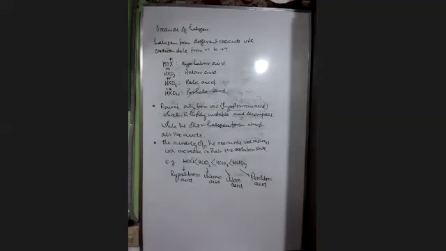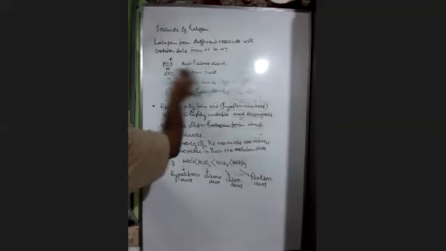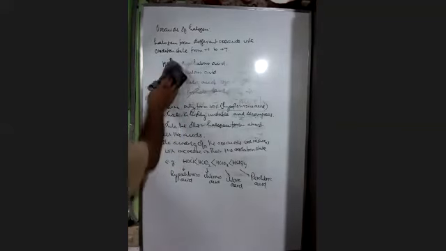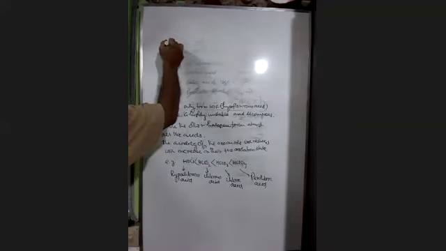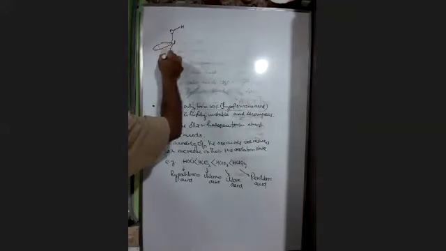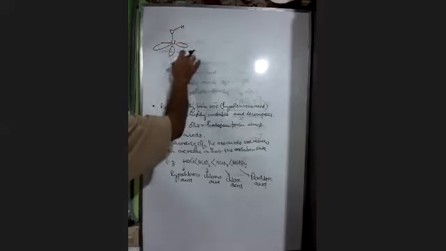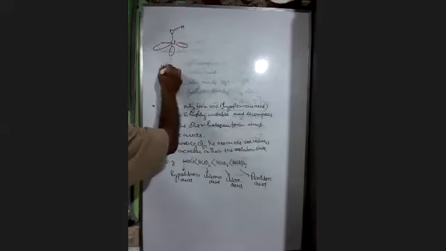So I'll just take 2 minutes to draw their structures. See here. These are all the lone pairs of chlorine which did not combine. So this you cannot see. 3 of them you cannot see. So this is H+.